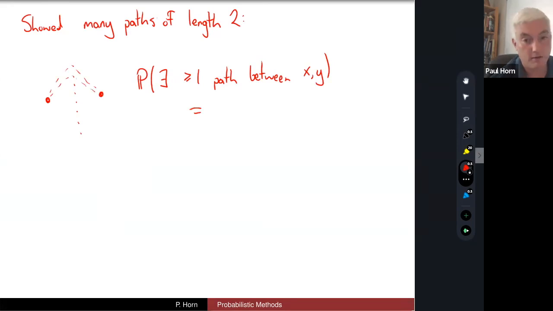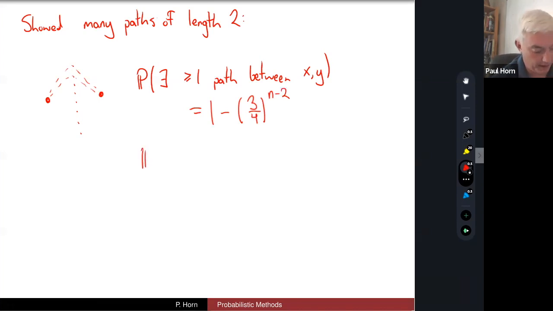For each of these, there's a 1/4 chance of being a path, and therefore a 3/4 chance of not being a path, but they're all independent. So if I just care about the existence of a single path, then this probability is like 1 minus (3/4)^(n-2).